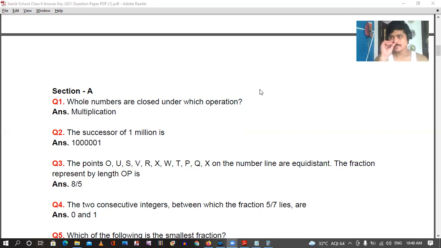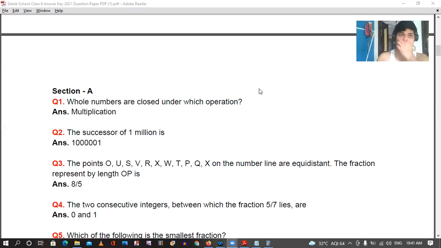If I add 5 plus 0, the result is always 5. So plus is the operation and 0 is the identity number for addition. If I add 0 to any number, the result will always be the same number. Similarly, in multiplication, 1 is the identity because 5 into 1 is 5. So the operation is multiply and the identity number is 1.